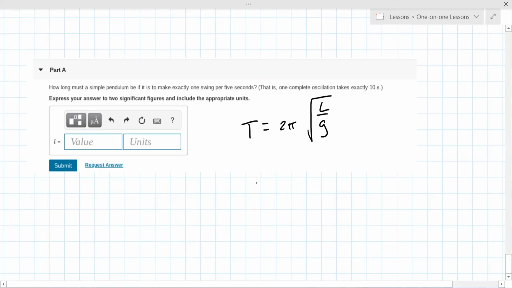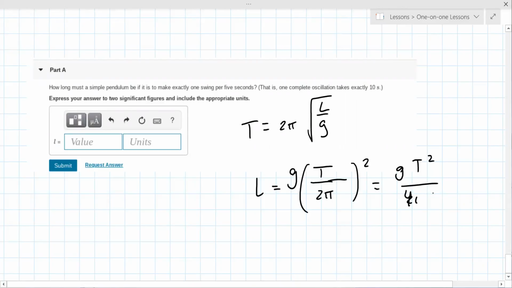If you solve this for L, the T over 2 pi goes on top, and you end up squaring it. I got this out of order. You square this, and then you multiply it by G. So it's sometimes written like this: L equals G T squared over 4 pi squared.